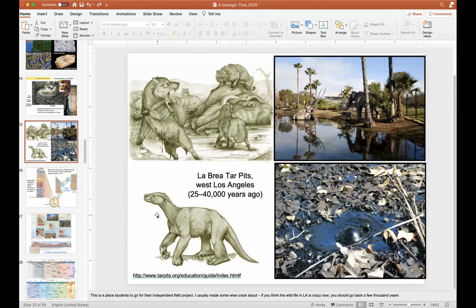Okay. Maybe you are from LA or visited the La Brea tar pits in West LA. This is something that happens. So just to expand on the mammals thriving in the Cenozoic, we had giant sloths, saber-toothed tigers, woolly mammoths. These are the mammoths.